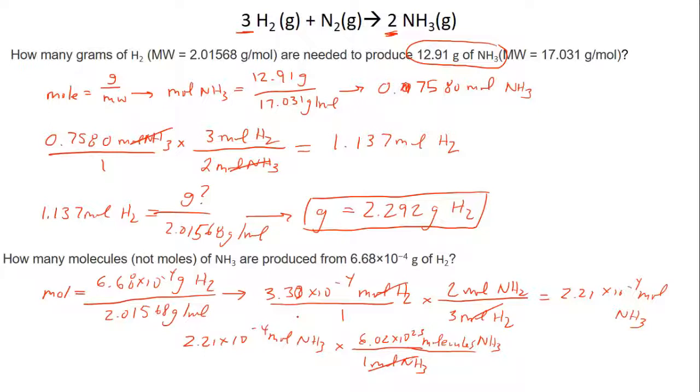So multiply across, moles cancel, and we should be left with 1.33 times 10 to the 20th molecules of ammonia.